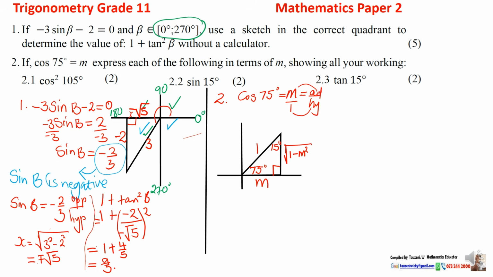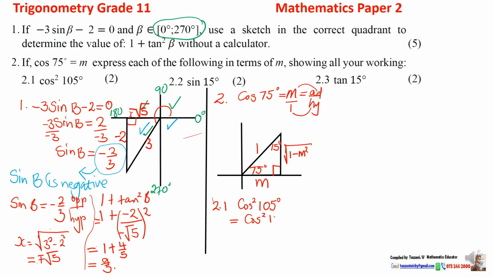Now I need to move on. Once the diagram is labeled and all information is in, I can answer the question they are asking. Let's go to number 2.1. We want to find the value of cos squared 105 degrees. The golden rule for trigonometry is that an angle must be an acute angle all the time.